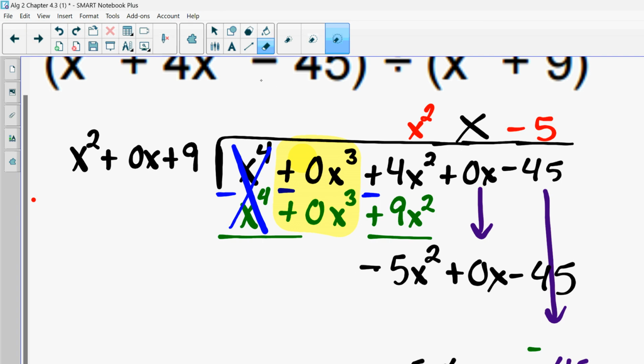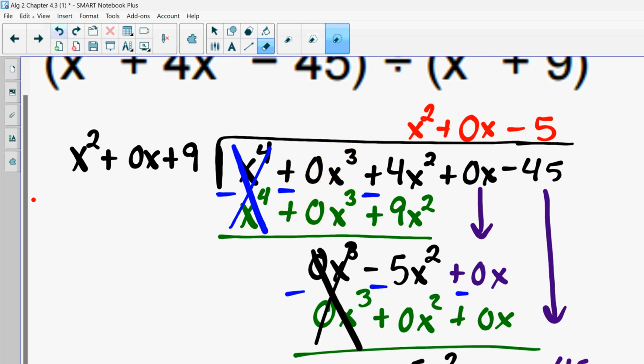It's a weird snag in how this is set up and done, but both methods still hold true. We can kind of see that. It's just that doing it this way, we have to have the mental flexibility of saying 0x cubed plus 0x squared plus 0x without trying to simplify it.